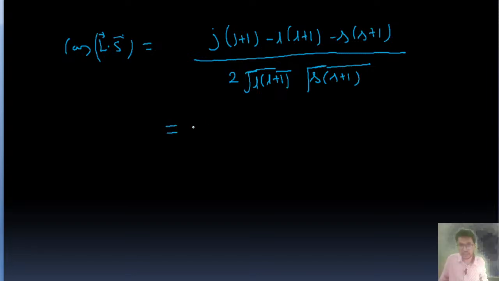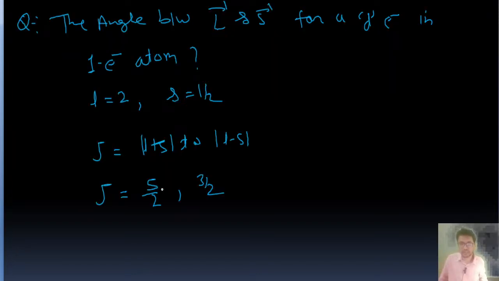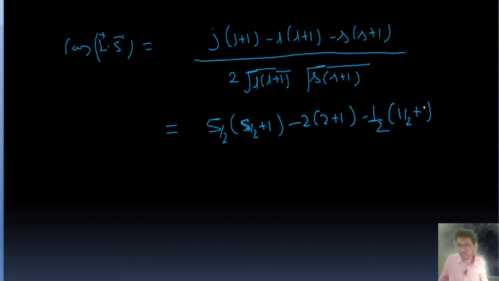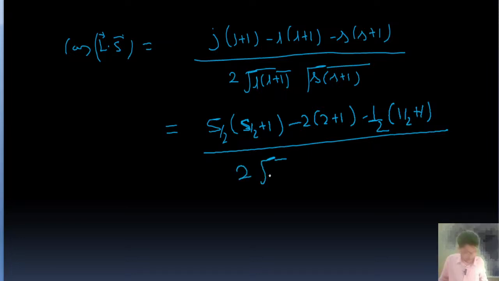Okay, so we'll simplify it, very simple. We'll put the value 5 by 2. Two values are there, so first 5 by 2: 5 by 2 into 5 by 2 plus 1 minus 2 into 2 plus 1 minus half into 1 plus half, upon 2 into root 2 into 2 plus 1 into root 1 by 2 into 1 by 2 plus 1. Okay, simple calculation.